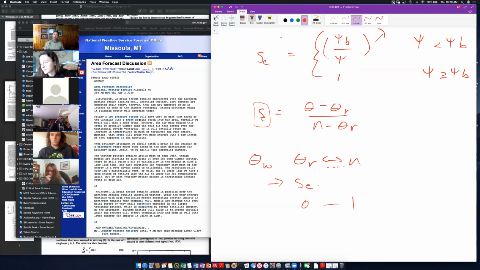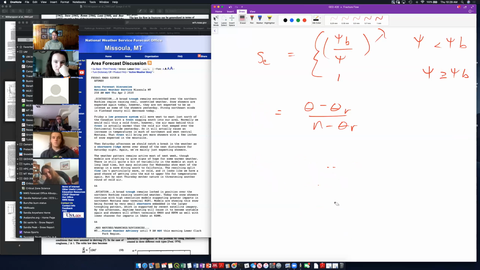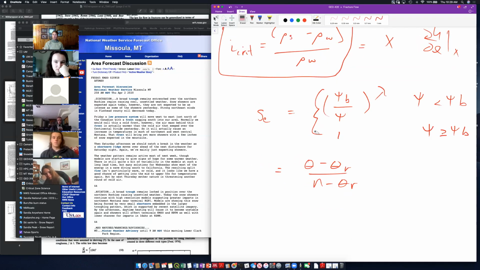You can either solve these, reverse these, and do it the way I was doing, or you can pick a range of psi from something really negative to 0.